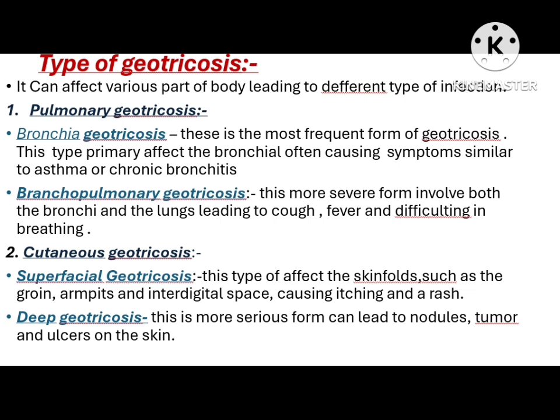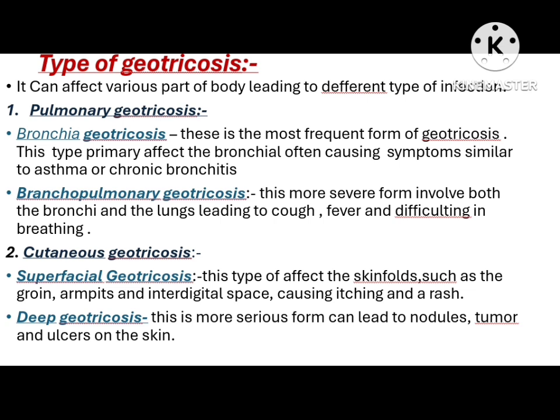This type primarily affects the bronchi, often causing symptoms similar to asthma or chronic bronchitis. Bronchopulmonary geotrichosis is the most severe form, involving both the bronchi and the lungs, leading to cough, fever, and difficulty in breathing.